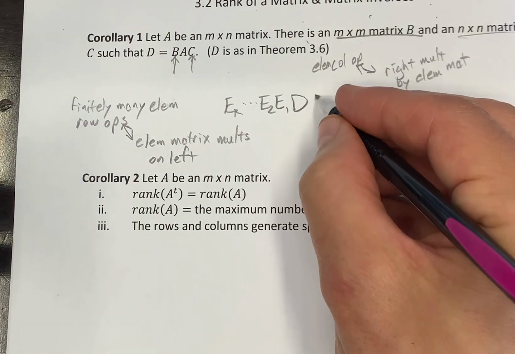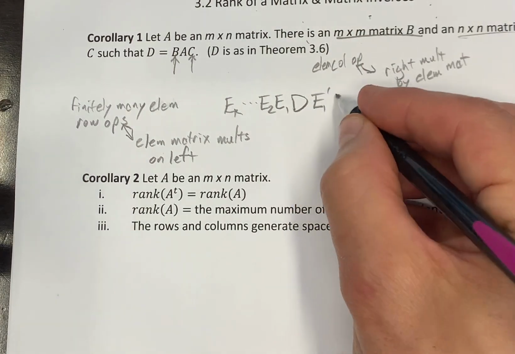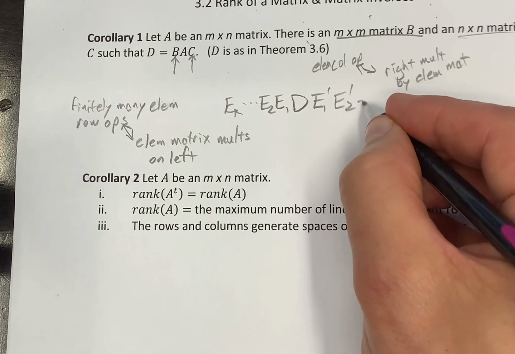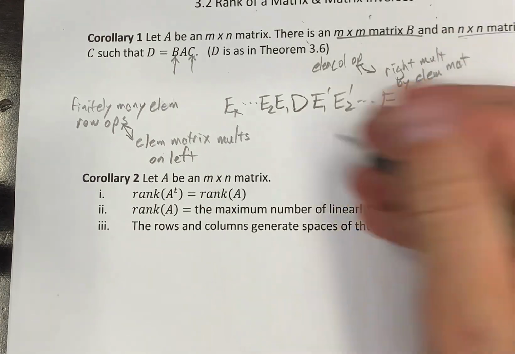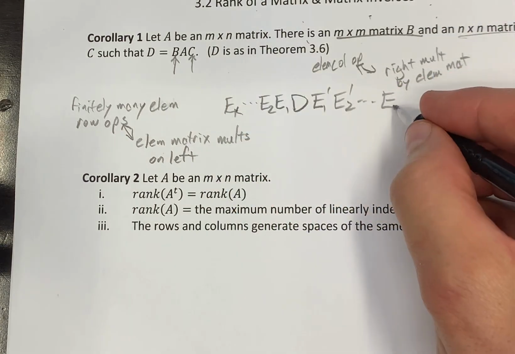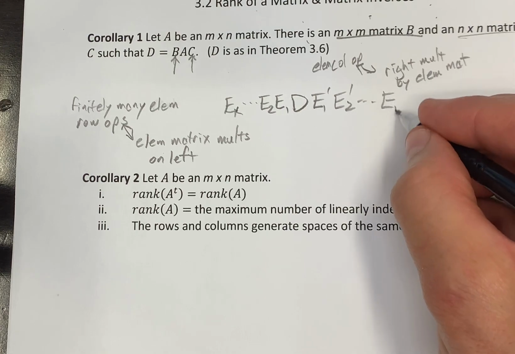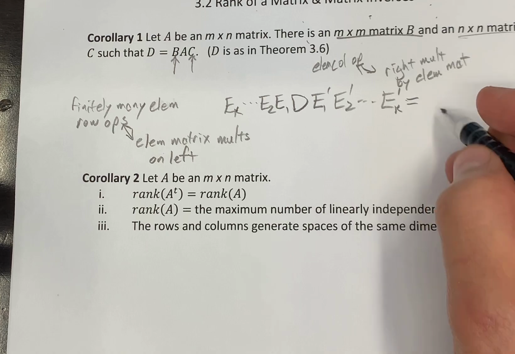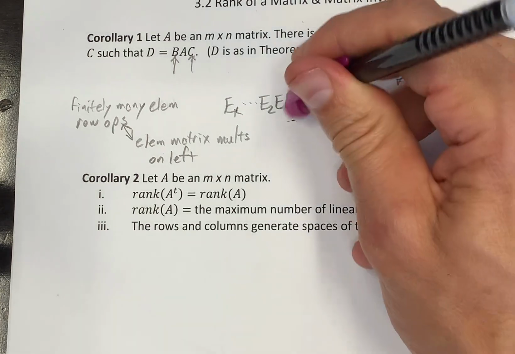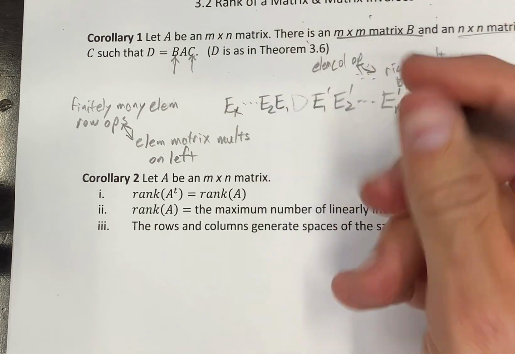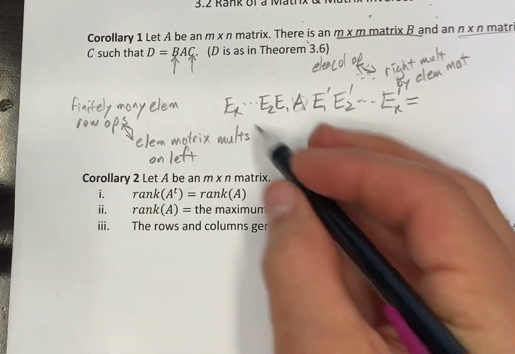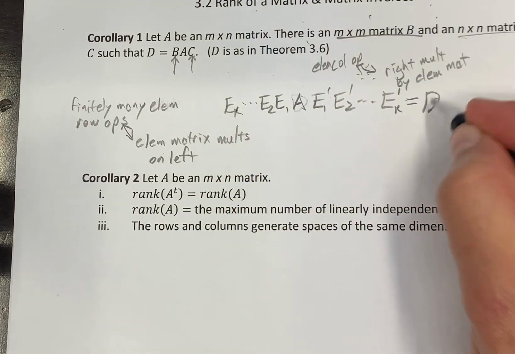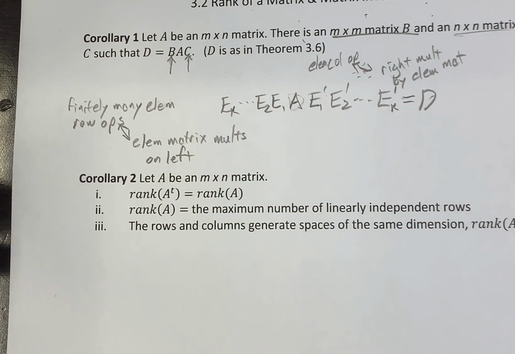And so you've got E1 prime, E2 prime, I don't know what subscript we should use there, EK prime. And so you get all of this equals D, wait, I guess I was supposed to start with A and say, yes, I do that to get to D. And that's what was required, right?